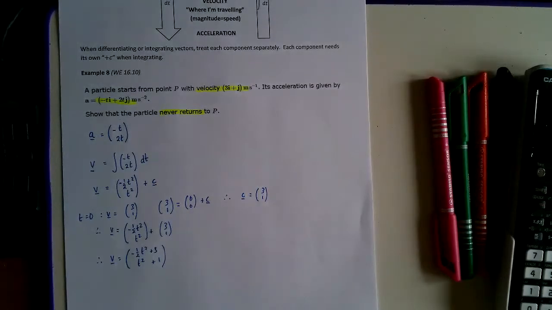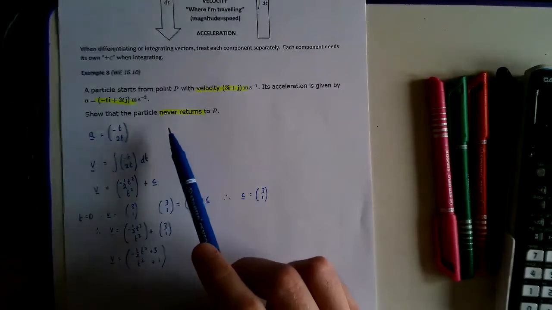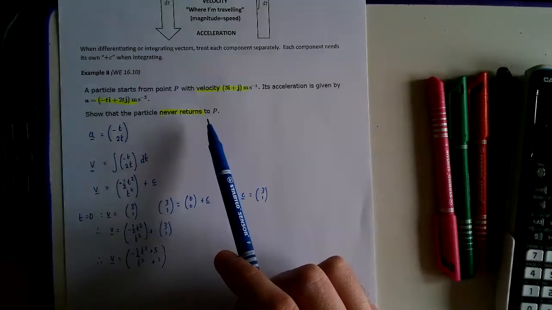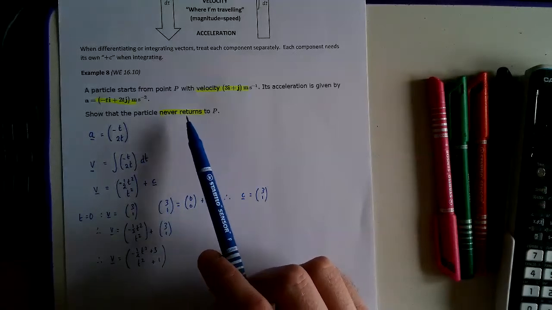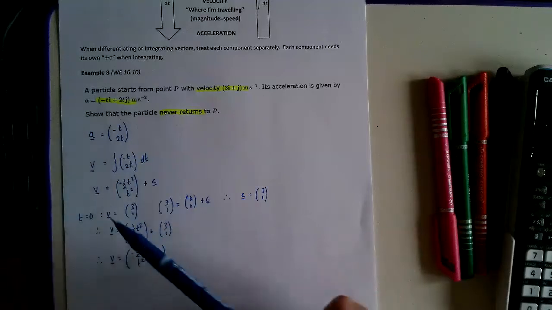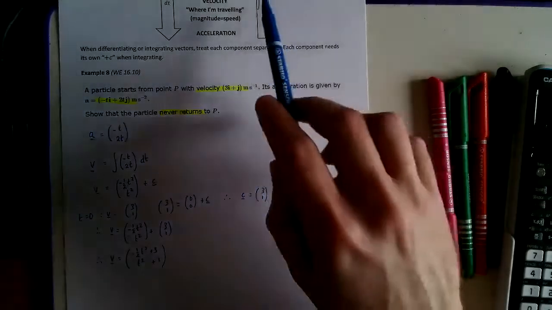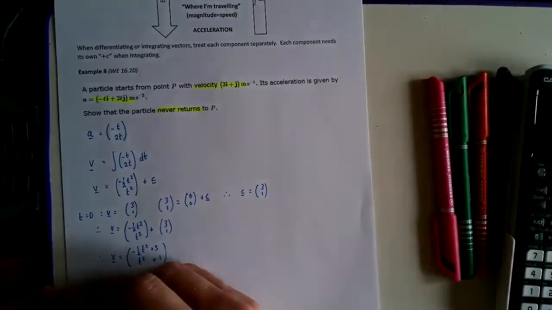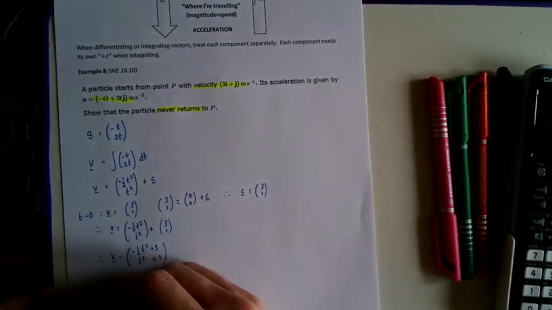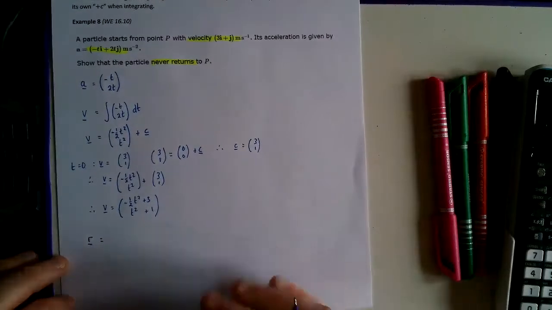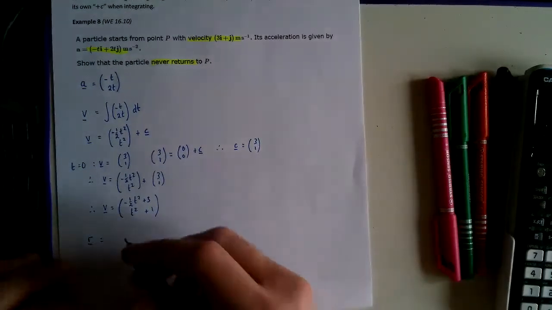So I've got its velocity, and it says, show that the particle never returns to P. Okay, so it's talking about where it is. That means we're going to need to do integration again to get displacement. We normally use the letter r for displacement, but it doesn't really matter if you prefer to use d or x or anything, but we usually use r.